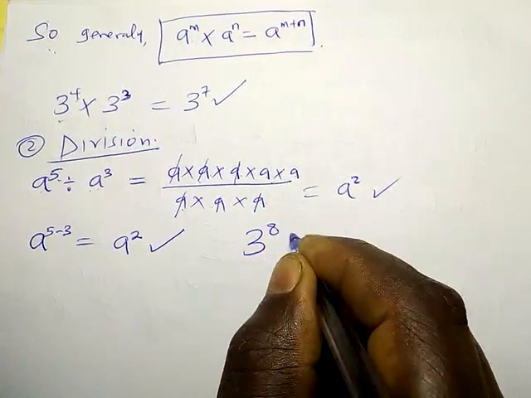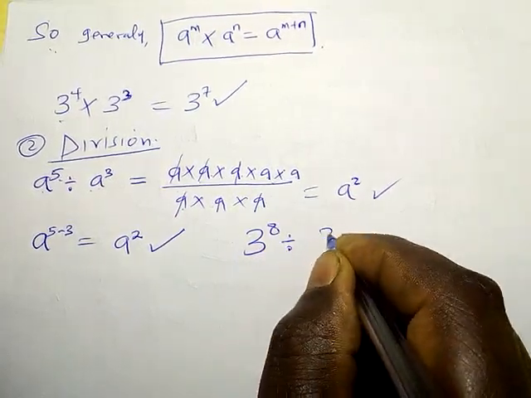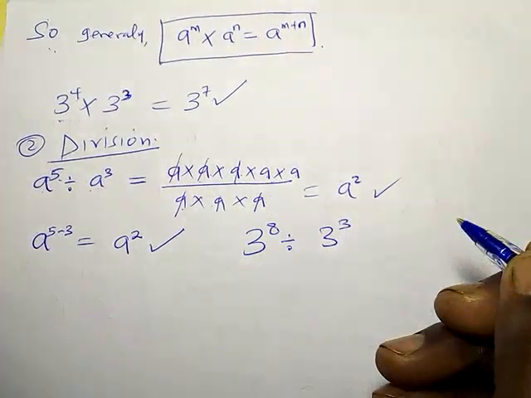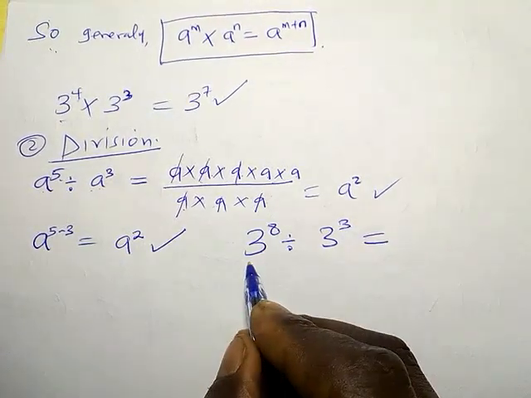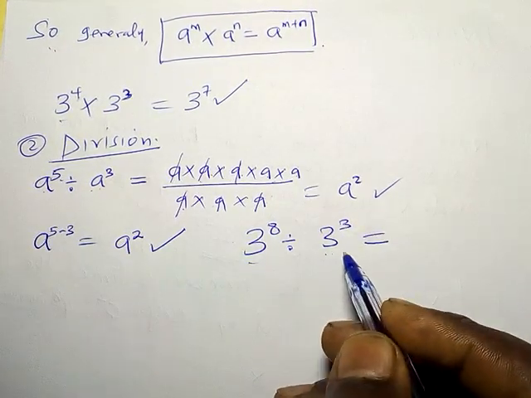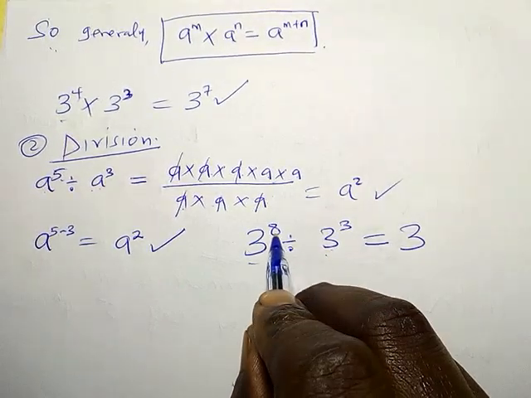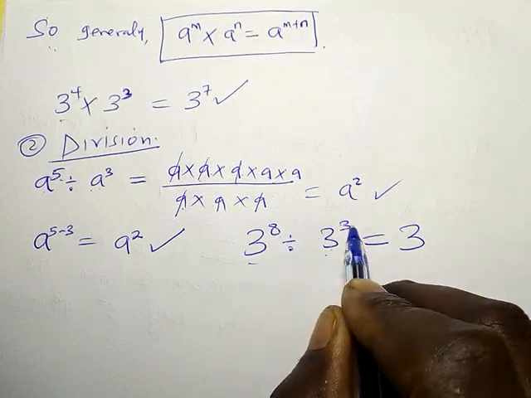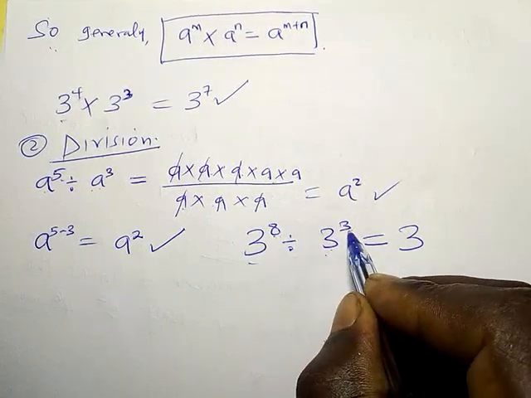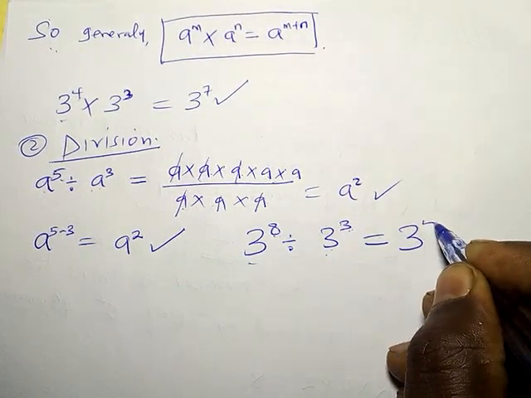3 raised to power 8 divided by 3 raised to power 3. Bases are the same. So what it means is that you take one base, 3, and then you subtract the indices, the powers. 8 minus 3. The answer is 5.